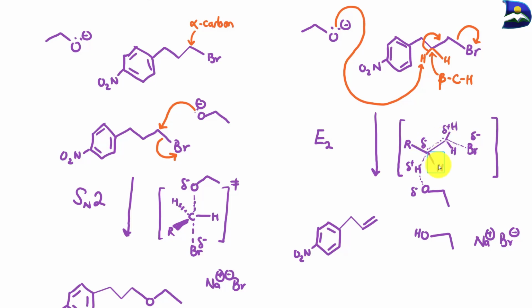Take note also that this elimination process is a bimolecular step because you need these interactions to be occurring at the same time in order for the formation of our pi bond to be established.